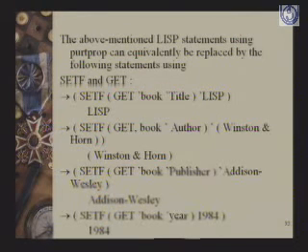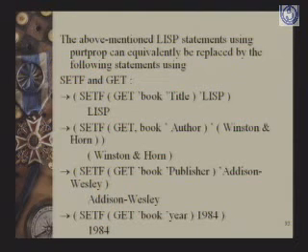Similarly, you can do the rest of the functions which we have already done. That is, we may associate Winston and Horn as the value of the attribute name author of the entity book. So what we do, we say setf get book author, that is, associate the value of the author of the entity book as given by the second argument's value, and the second argument's value is Winston Horn.